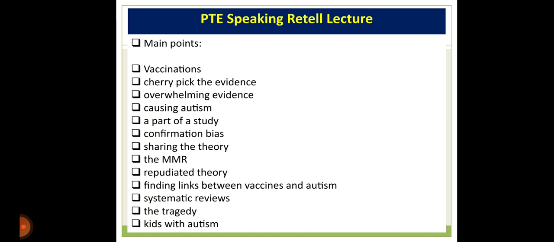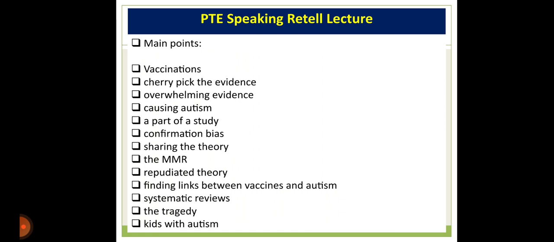So let's see the key points here: vaccinations, cherry pick the evidence, overwhelming evidence, causing autism, a part of a study, confirmation bias, sharing the theory, the MMR, repudiated theory, finding links between vaccines and autism, systematic reviews, the tragedy, kids with autism. So these are the points that we have noted down from the lecture, from the audio itself.